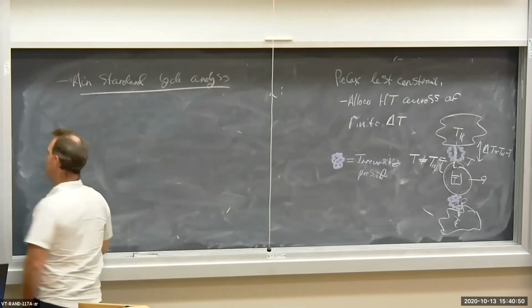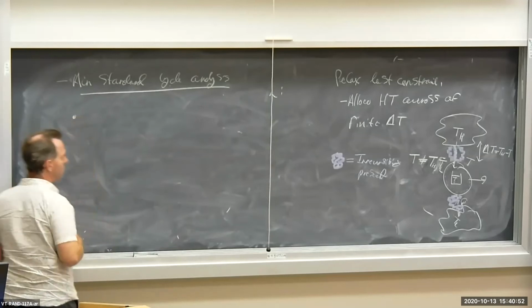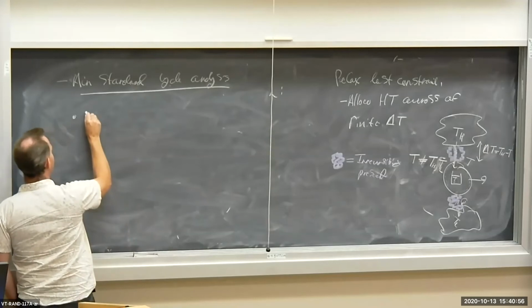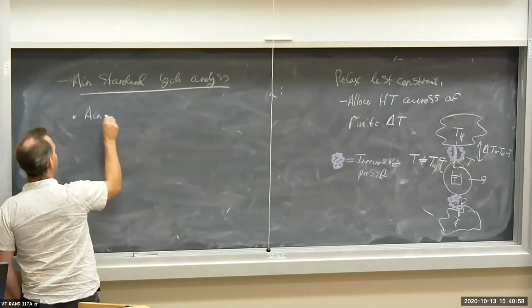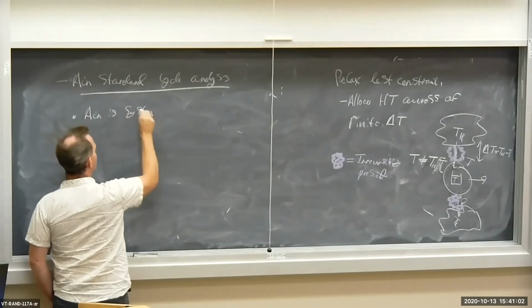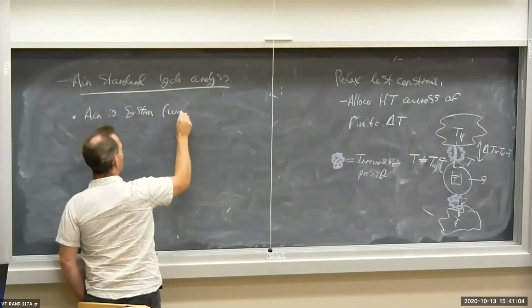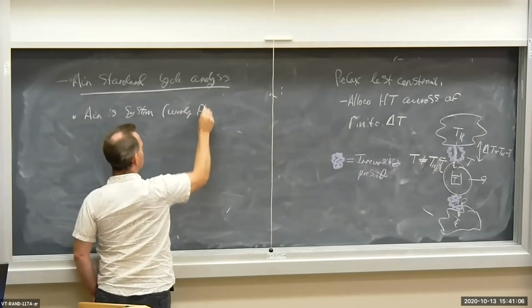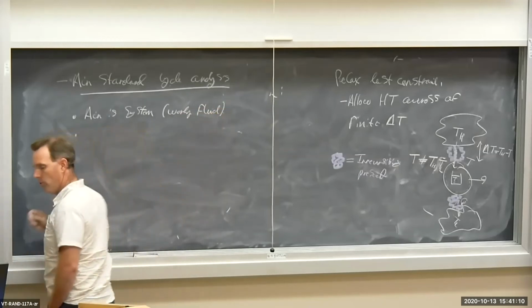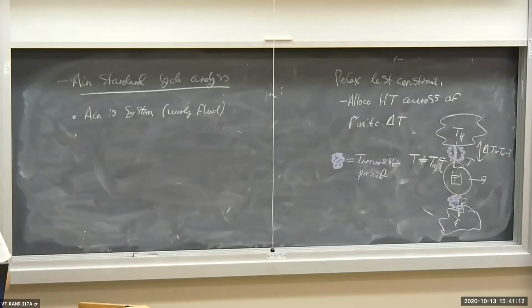Let's write the assumptions here. So we have air is the working fluid. Air is the system, or if you like, working fluid. Let me make sure I have all these assumptions. There's quite a few, and I don't want to miss any of them. Let's see here. Air is the working fluid.